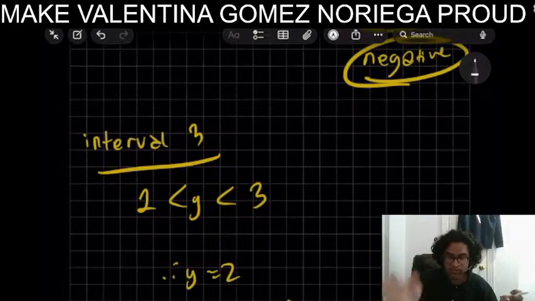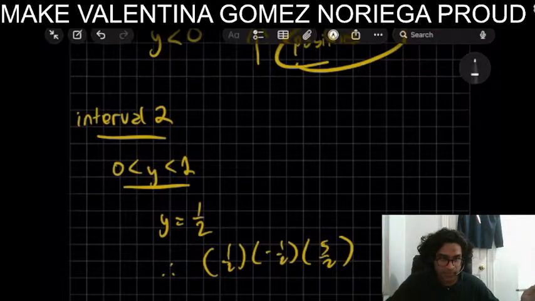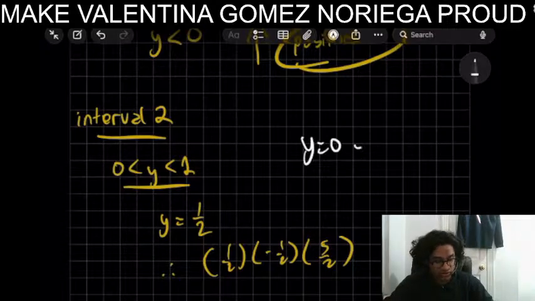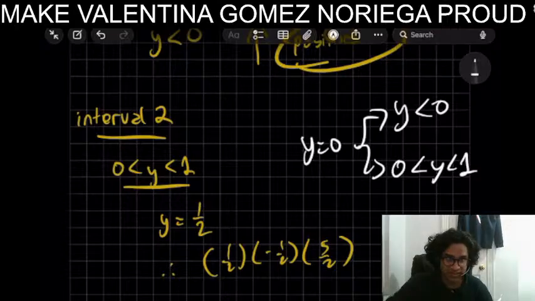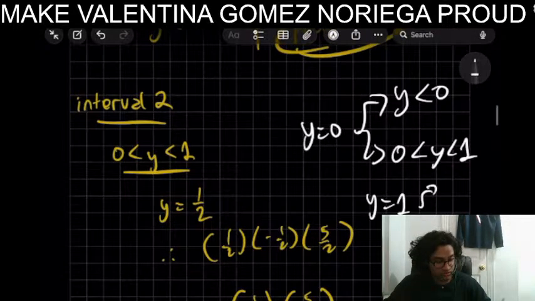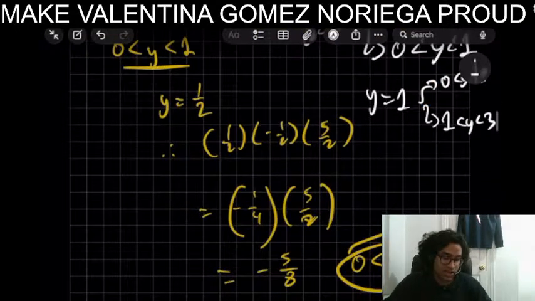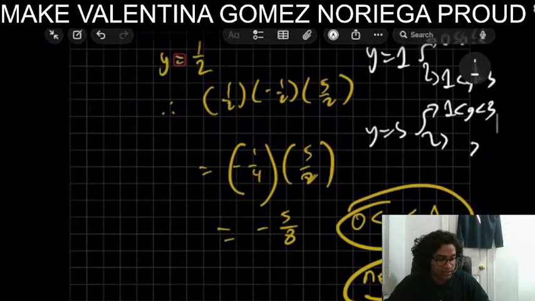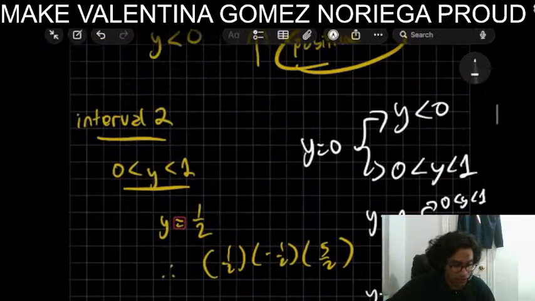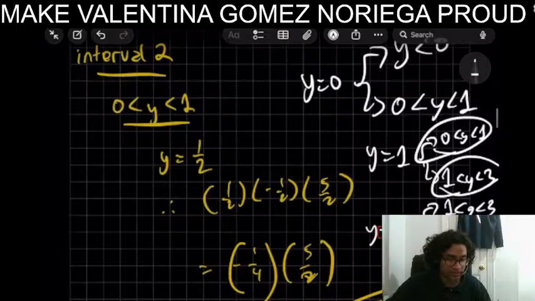You need y less than 0 because you want the behavior around 0. At y equals 0, you have two regions: y less than 0 and 0 less than y less than 1. At y equals 1, you have 0 to 1 and 1 to 3. At y equals 3, you have 1 to 3 and y greater than 3.